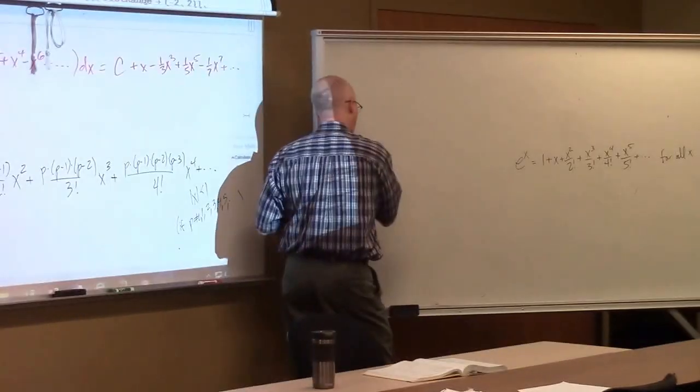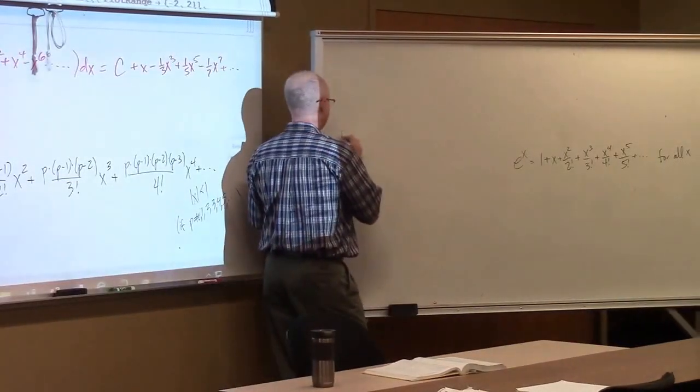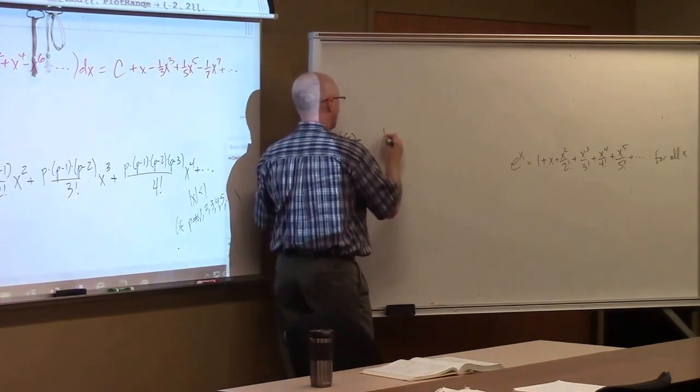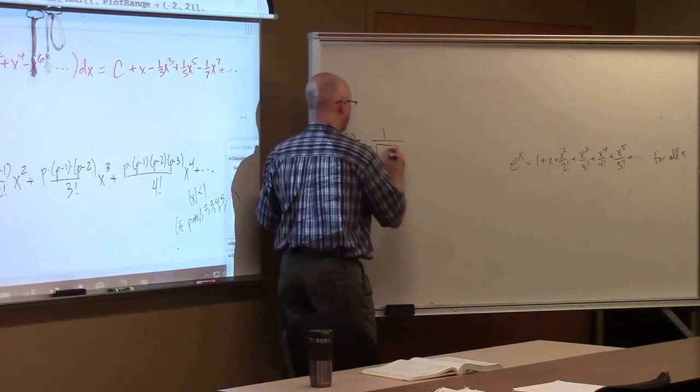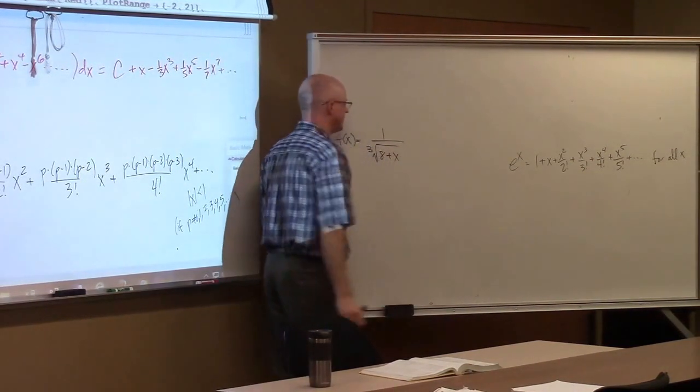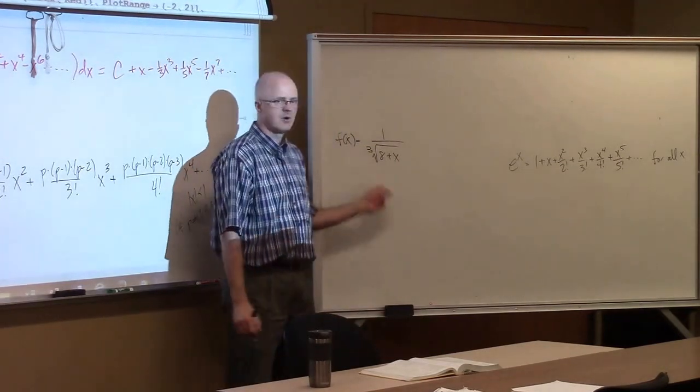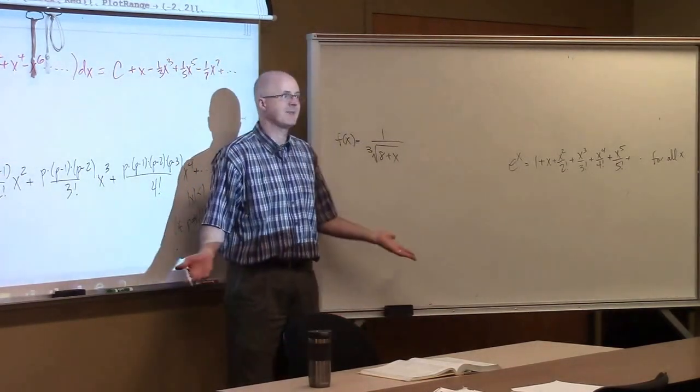For example, the following function, f of x, is, say, 1 over the cube root of 8 plus x. It's actually an example where you can use this, but it's not obvious how.